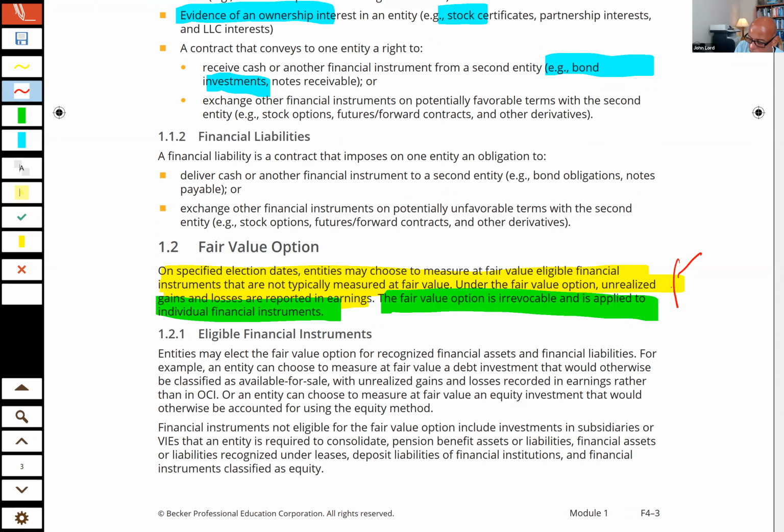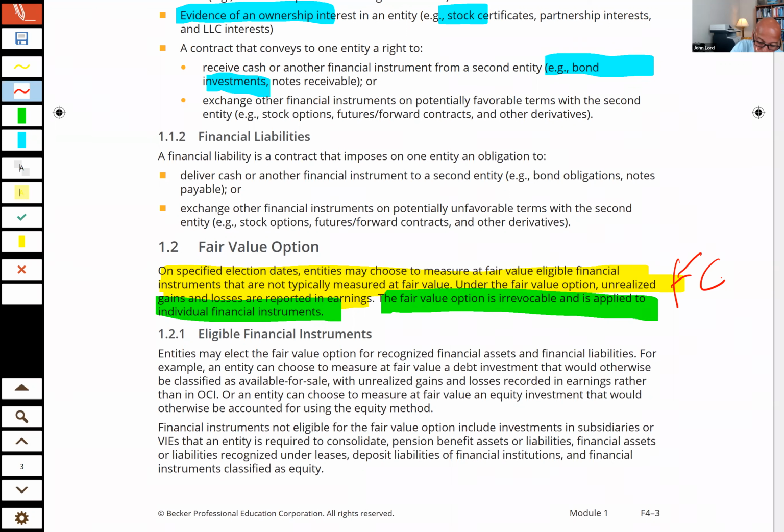So even though we're going to be talking about available for sale securities for bonds, the amortized cost for bonds, the held to maturity category, and the equity method for certain stocks where you exert significant influence, they tell you could opt out of that and just use the fair value option.